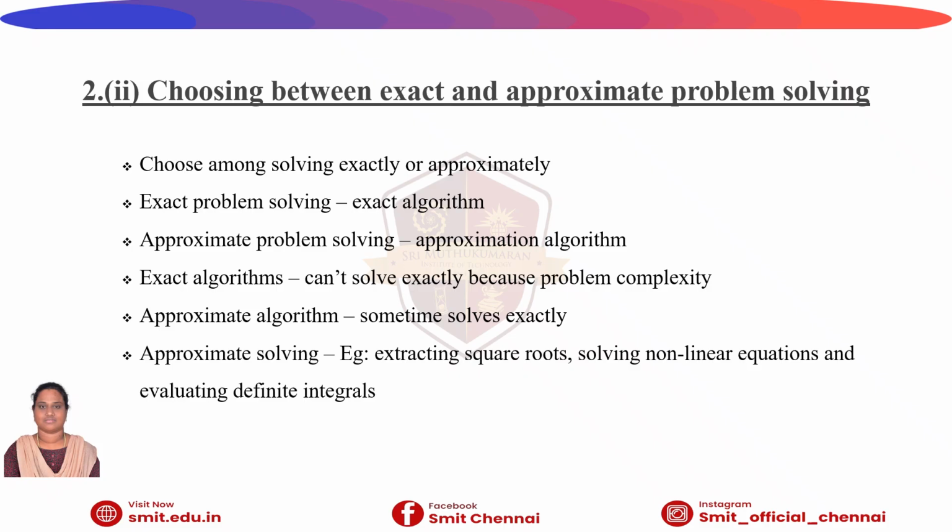If the problem is so complex and not able to get an exact solution, then we have to choose an algorithm called an approximation algorithm, that is, one that produces an approximate answer. For example, extracting square roots, solving non-linear equations and evaluating definite integrals.